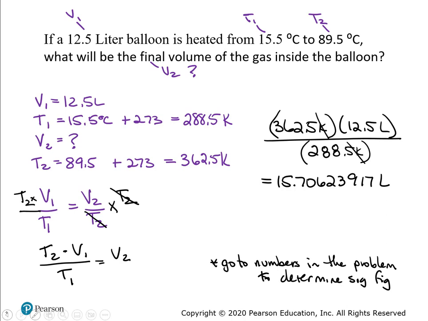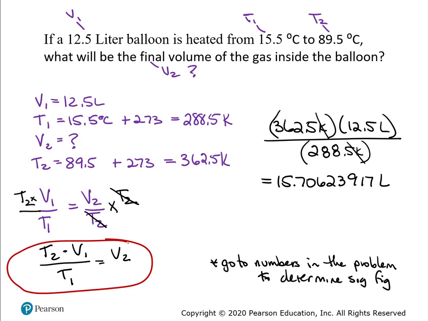Anything that's temperature, add the 273. Second thing, setting up the formula: V1 over T1 equals V2 over T2. Since I have to find V2, that means I have to move T2 to the other side. If I multiply both sides by T2, that'll allow T2 to cancel on the right, moving it over to the left side. So here's where my formula ends up being.